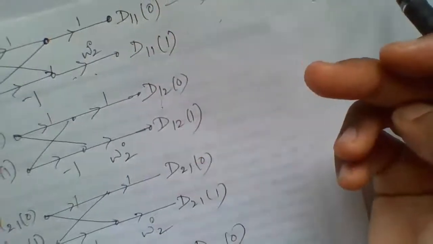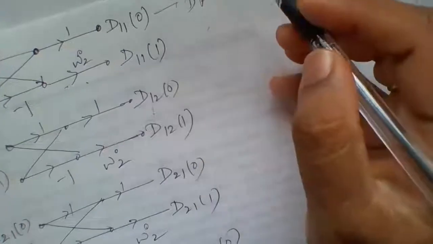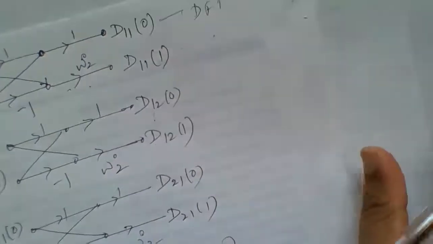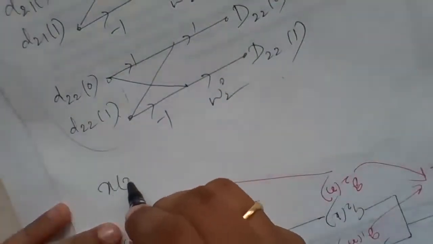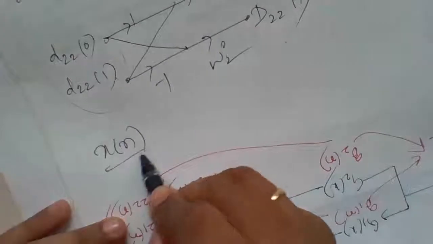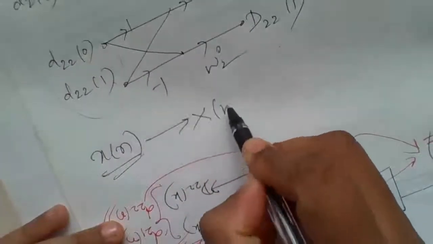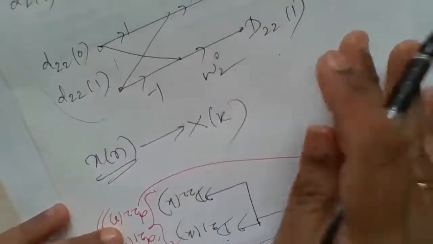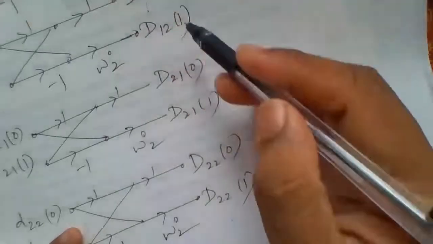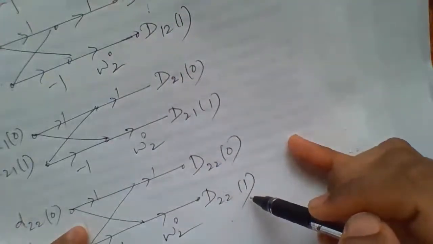But what am I supposed to get? X of k, isn't it? My inputs are x of n, so for this I have to generate x of k. But in the third stage I am getting the 2-point DFTs in the form of capital D's.